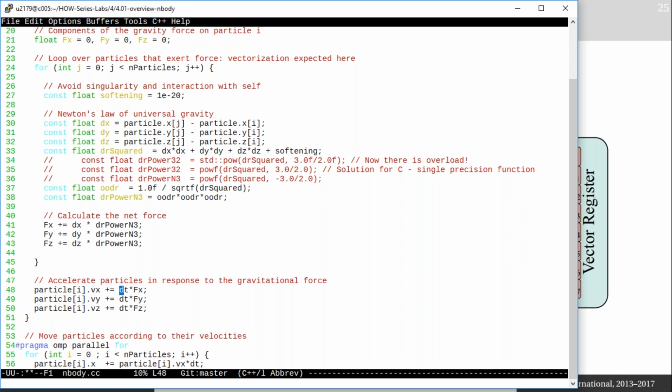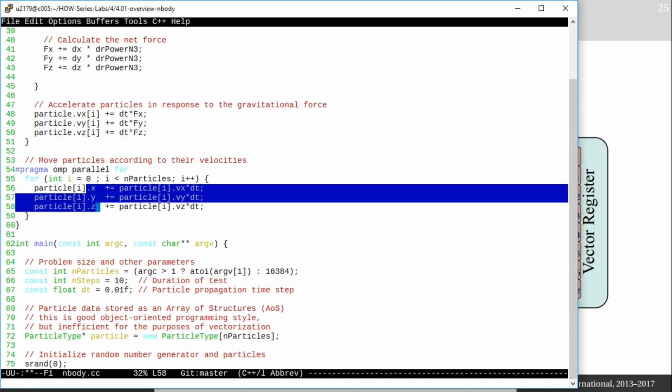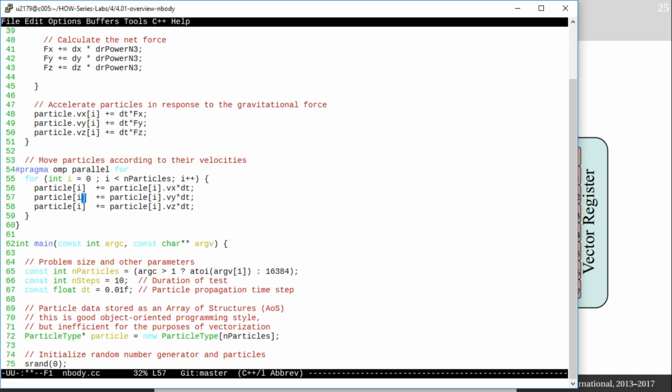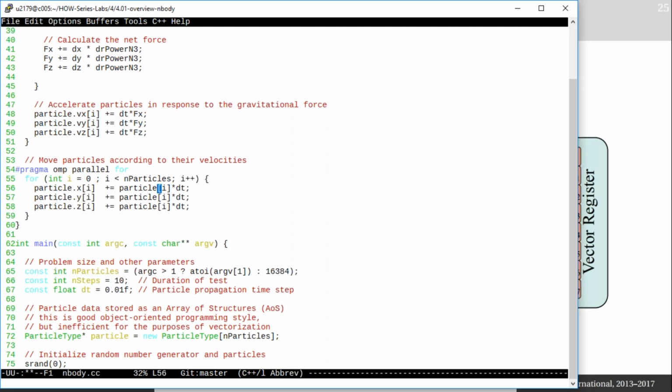The same is going to have to happen to velocity components, even though it's not important for vectorization here. We did change the data layout, so we have to reflect it everywhere. So this to that, this to that.